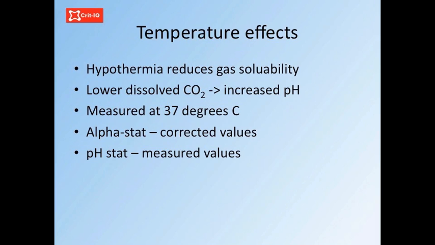Whether to use the actual measured values or to correct these values to the patient's body temperature has been a source of considerable debate. The term alpha stat, which uses pH corrected for body temperature, and pH stat, where the absolute value is used, are often used to describe their application in clinical practice.